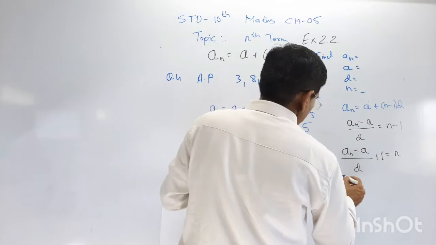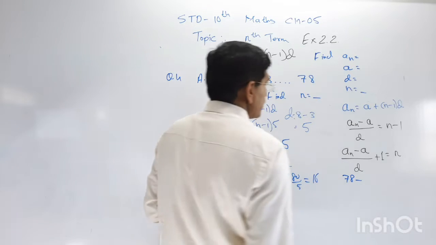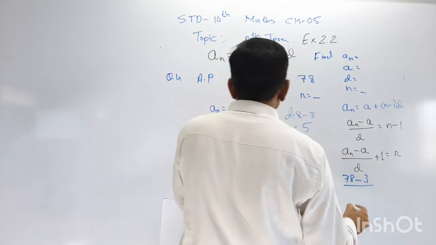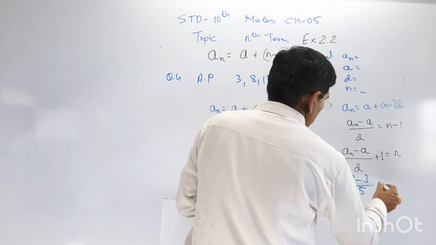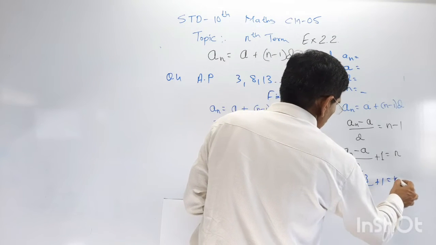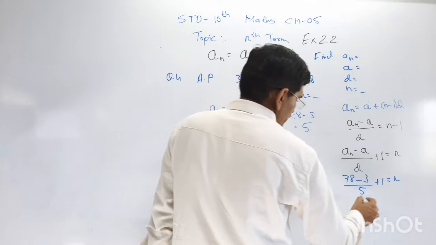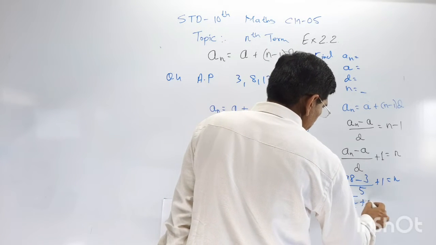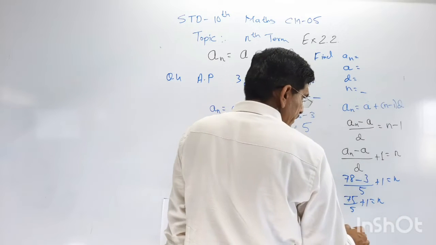Now if I put directly here, we again get the same value. An, that is 78, minus a, that is 3, divided by d, that is 5, plus 1 is equal to n. So 75 divided by 5 plus 1 is equal to n.